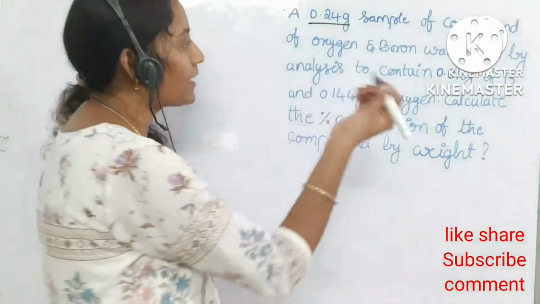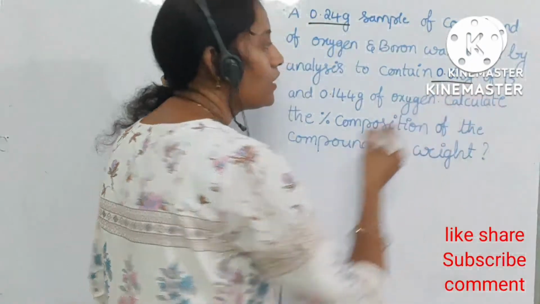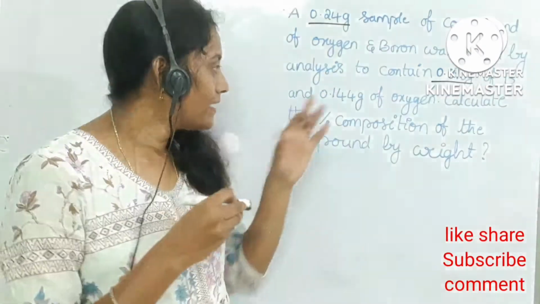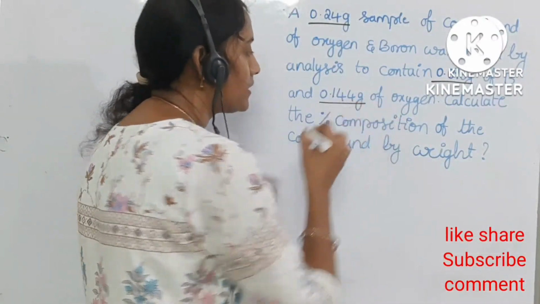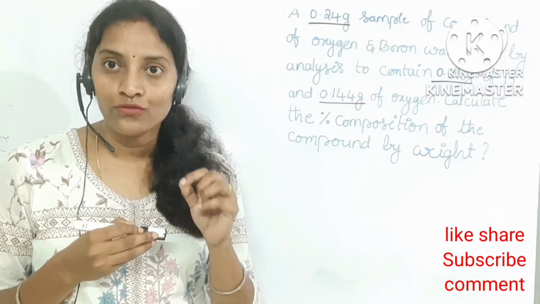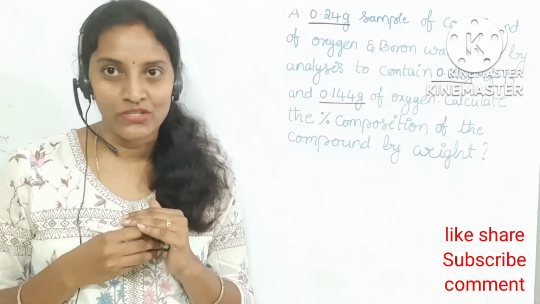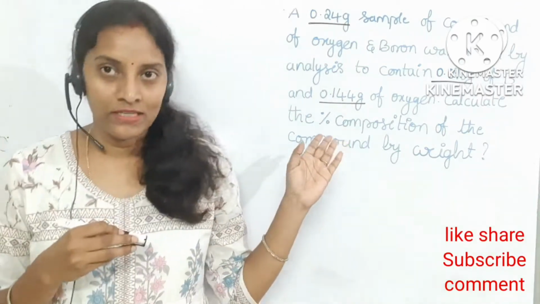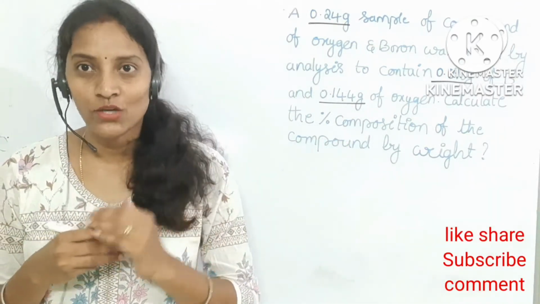The boron weight is 0.096 grams, and the other element is oxygen, whose weight is 0.144 grams. So you should calculate the percentage composition of these weights.